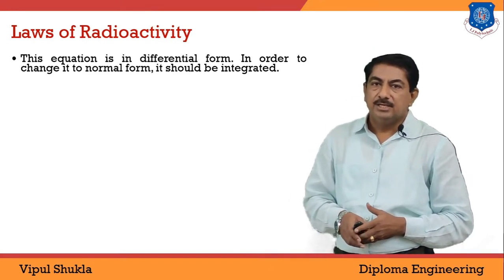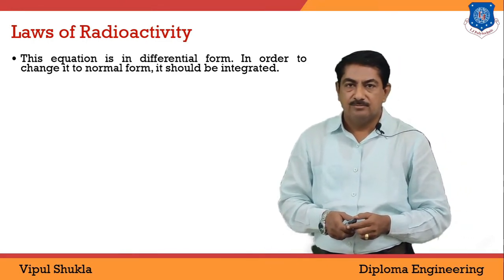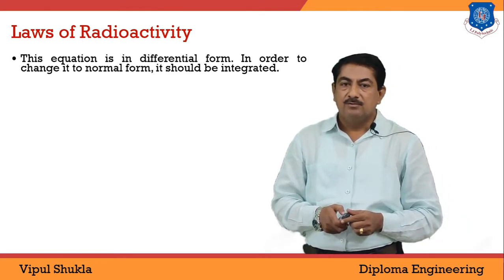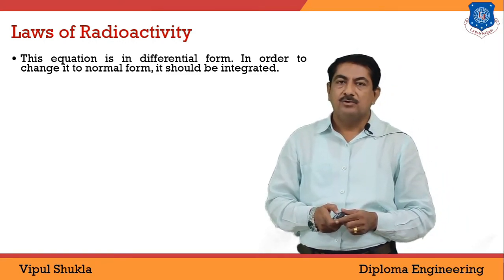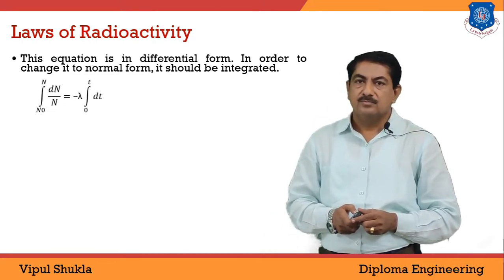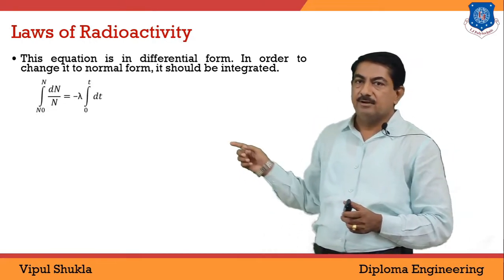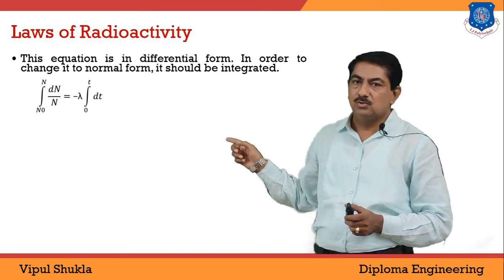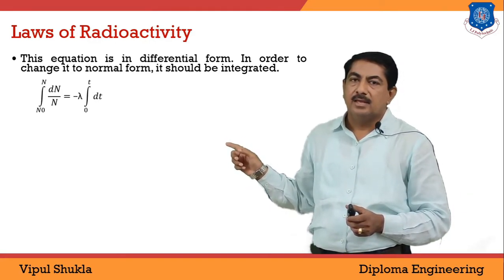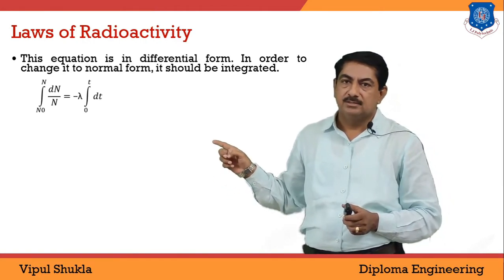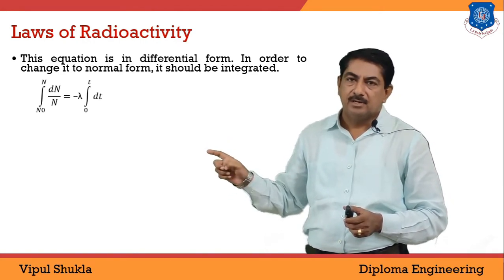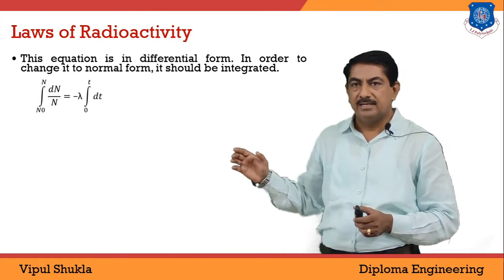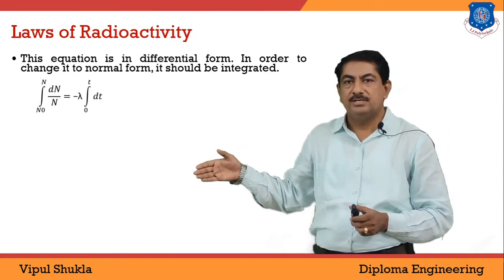Next, to change this disintegration equation into normal form, we have to integrate it. This integration is given by the integral of dN by N from N0 to N, where N0 is the lower limit and N is the upper limit, equal to minus lambda times the integral of dt, with minus lambda taken outside the integration because it is a constant.